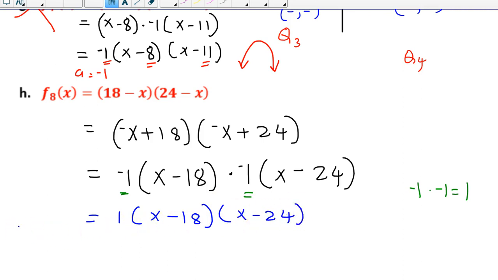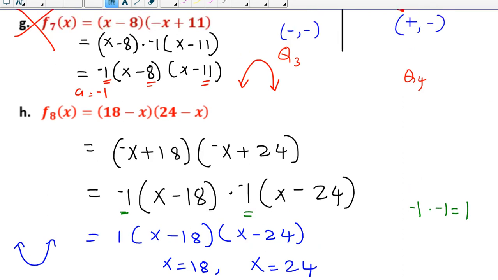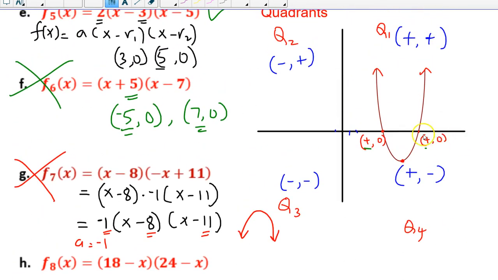The a value is positive, so definitely the graph opens upwards. Here x is equal to 18, that is a positive value, and x is equal to 24, that is a positive value. So both the x-intercepts are positive and the graph opens upwards.